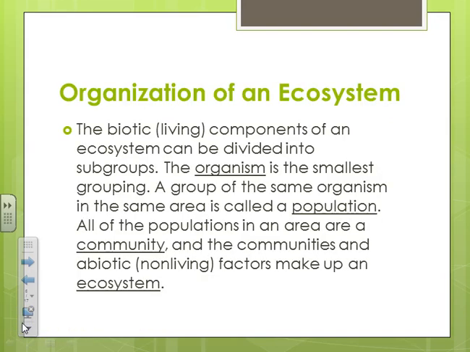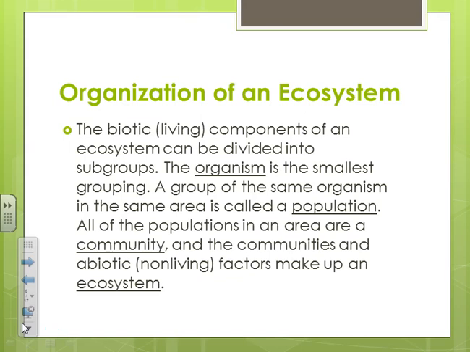Okay, so let's talk about the organization of an ecosystem. You don't have to write this whole paragraph, okay? Let's just go ahead and write the underlined parts because the underlined parts are actually going to be discussed in separate slides coming up. So the biotic or living components of an ecosystem can be divided into subgroups. So an organism is the smallest grouping. A group of the same organism in the same area is called a population.